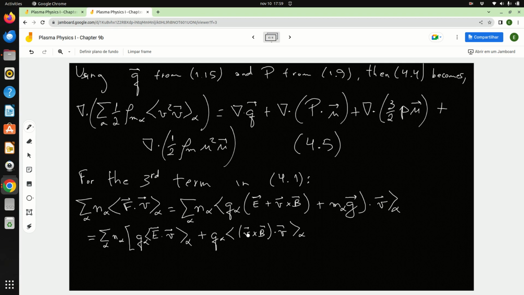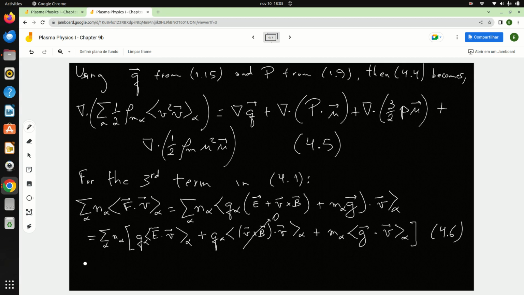And perpendicular to V, V dot V is actually 0, because these are perpendicular. Plus the alpha G dot V. This is how 4.6 is written.